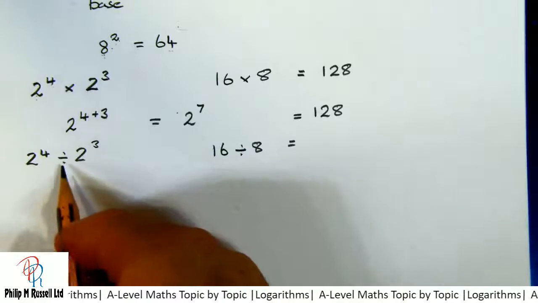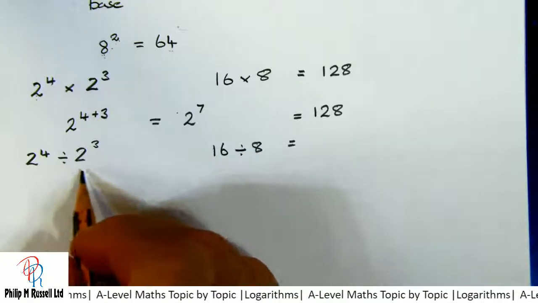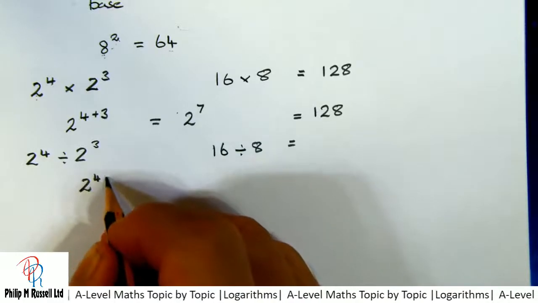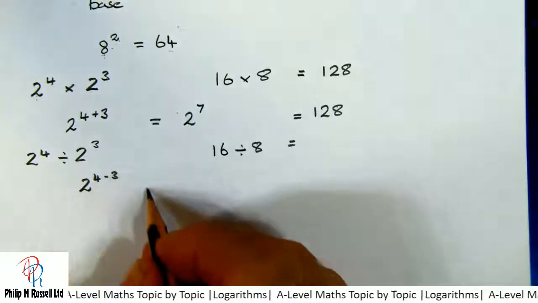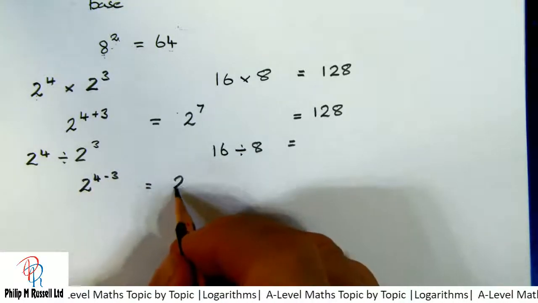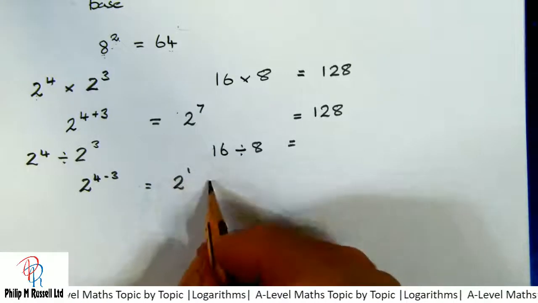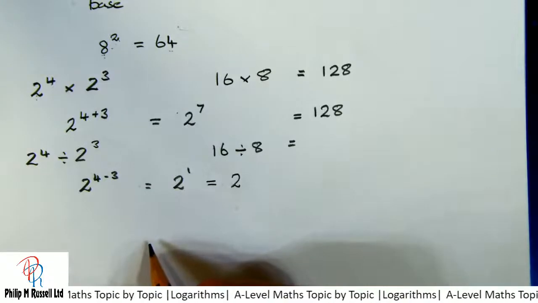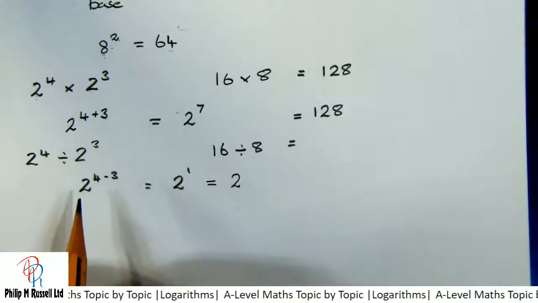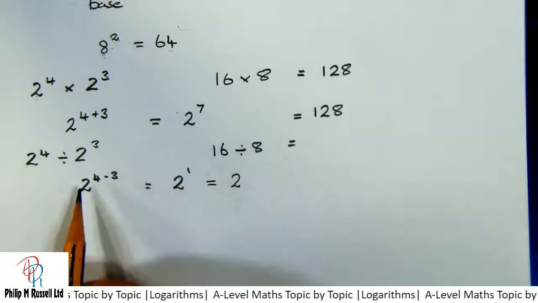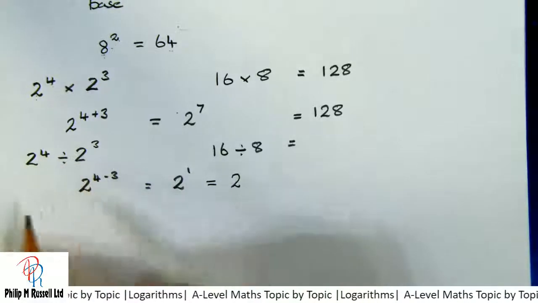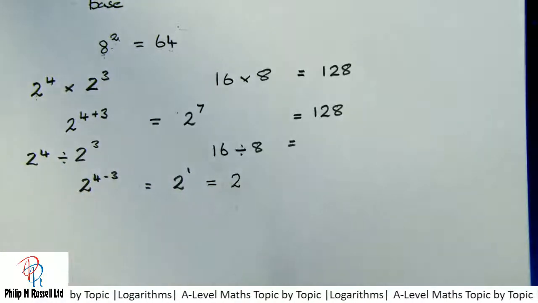And when we get to our rules of indices, we know that when we divide, this is going to be 2 to the 4 minus 3, which gives me 2 to the 1, or we would normally write that just as 2. The rules of indices tell us that we subtract the powers to get our new power.